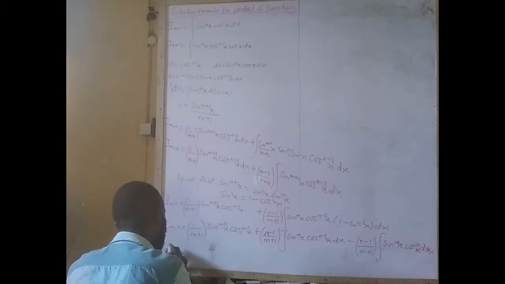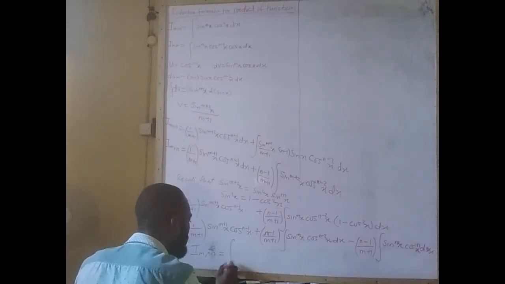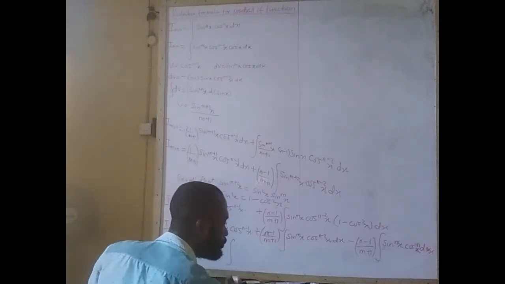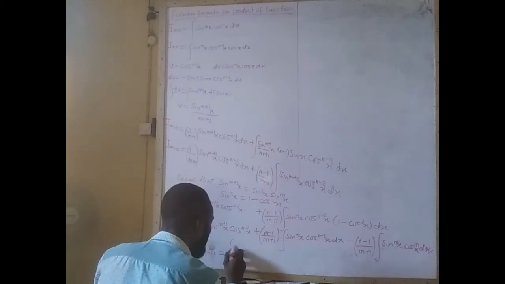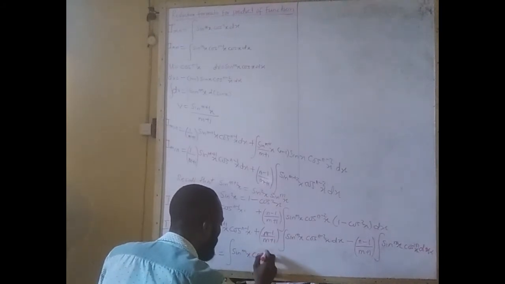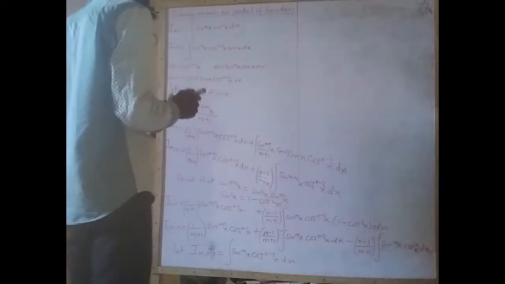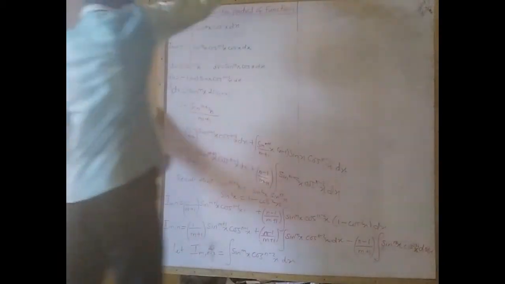I can say let I(m,n-2) equal the integral of sin^m x cos^(n-2) x dx. Then I can substitute that into the function.